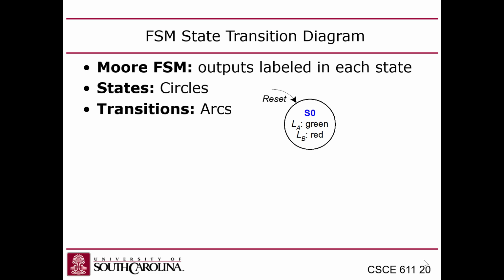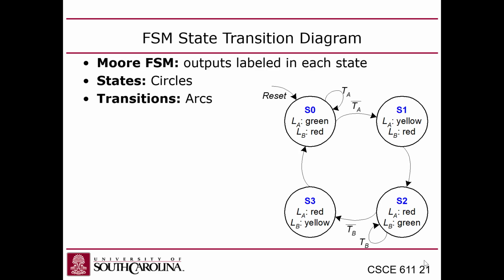At any clock cycle, you're in one state. And then when there's a positive clock edge, you can potentially change states, but you're limited to whichever states are reachable from your current state, which are shown with these arcs. And there's a little reset arrow that shows what the reset state is, the sanity state.